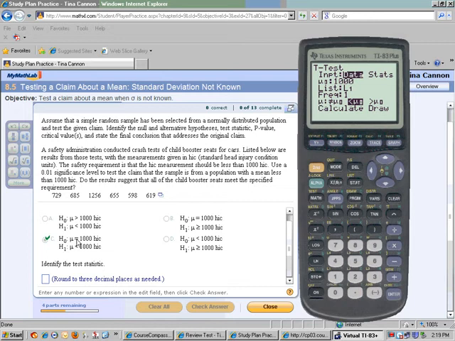Notice if you look at your claim, the mean equals 1,000, so that's what we're typing in for the mean. My data points are in list 1, so I'm going to put that 1. Frequency is 1. And notice my alternative says less, the mean is less than, so I'm going to put a less than symbol. I'm going to come down, and I'm going to draw this for a second so we can see what happens.